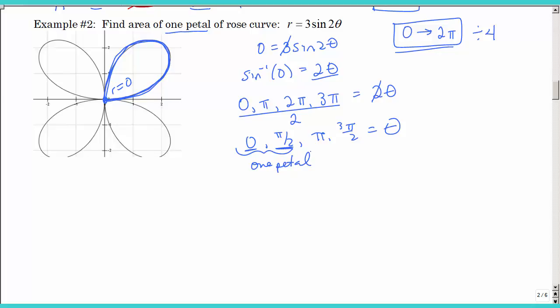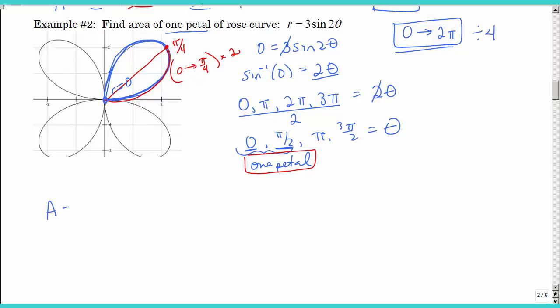That's another option. Go from 0 to pi over 2 for 1 petal. The other option is to cut it in half and go from 0 to pi over 4, but multiply that times 2. Your choice. I think I'll just do this 1 petal.